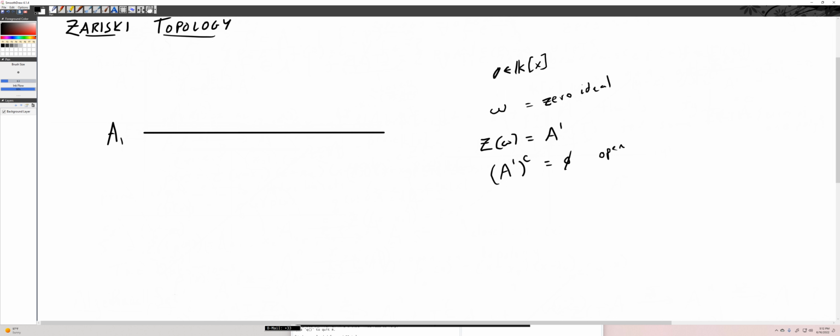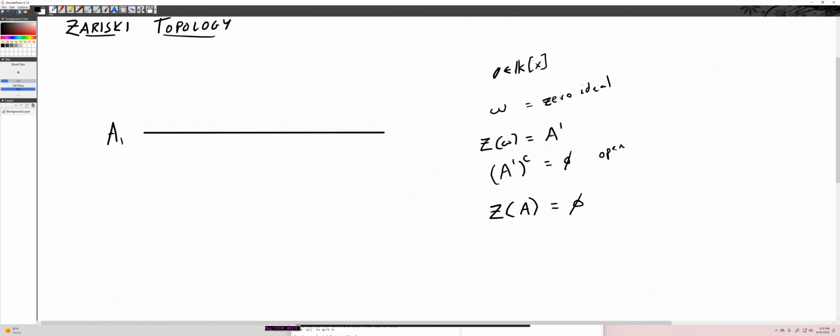On the other hand, if I take the zero set of the entire ring, I wind up with the null set. I wind up with nothing.